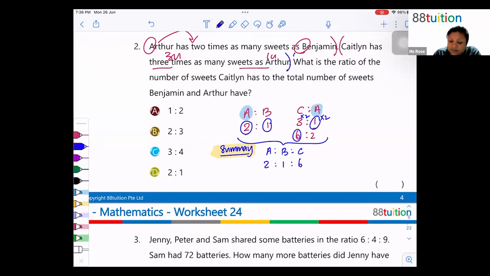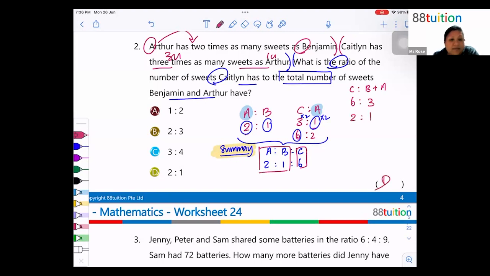Now, the question says, what is the ratio of the number of sweets Caitlin has to the total between Benjamin and Arthur? So what you want is Caitlin is to Benjamin plus Arthur. So we have Caitlin being 6, Benjamin plus Arthur being 3. So the ratio is 2:1. Okay, so that's how we do it.